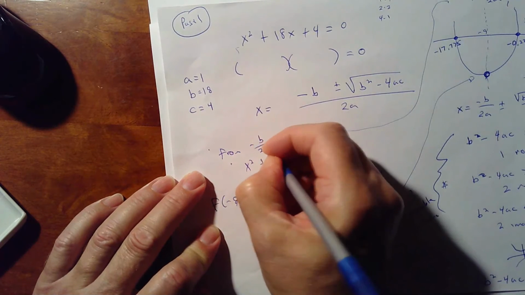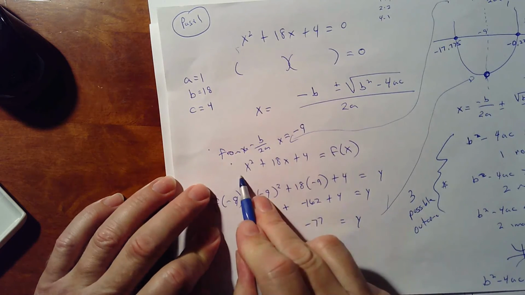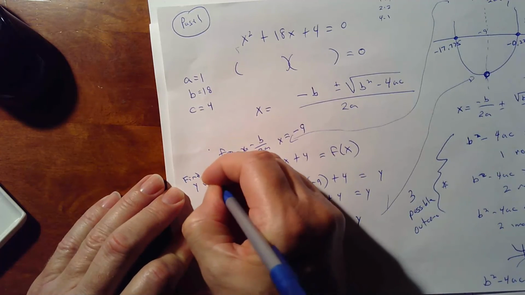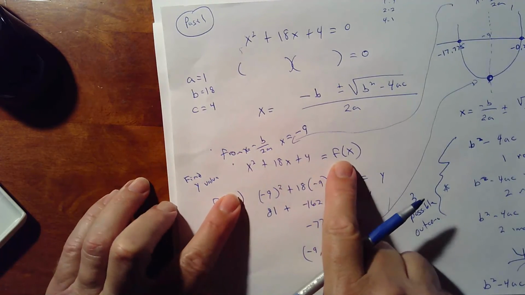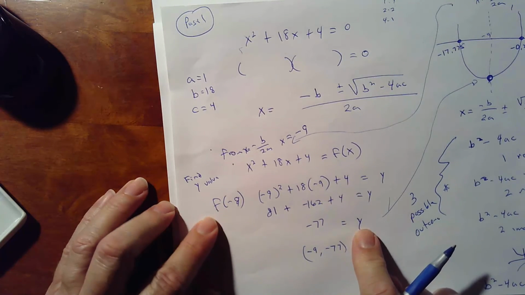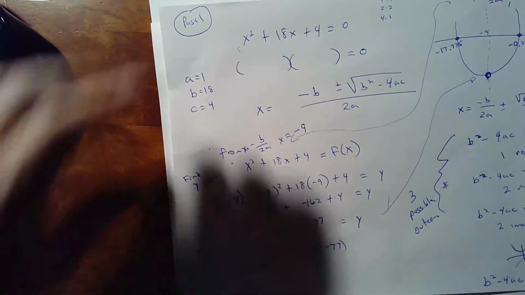From x equal to negative 9, we're going to find the y value of that function. So we're going to evaluate f of negative 9 to get the y value. And now we have the vertex and the two roots.